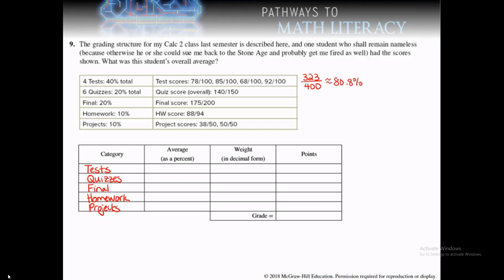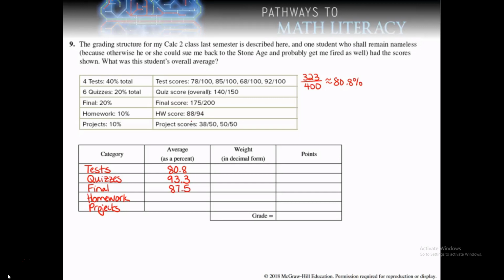For quizzes, we just need to do 140 divided by 150, and that comes out to about 93.3. For the final, 175 divided by 200 comes out to about 87.5%. For homework, 88 divided by 94 gives us about 93.6%.